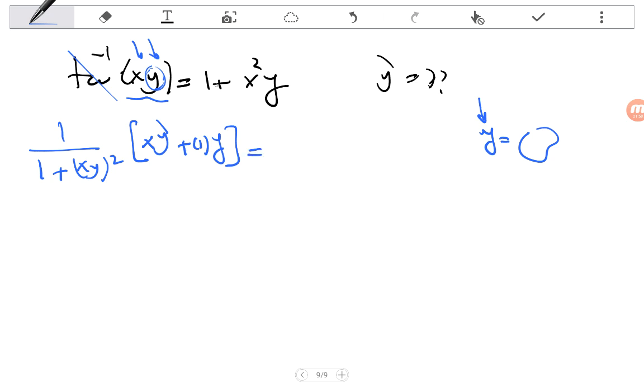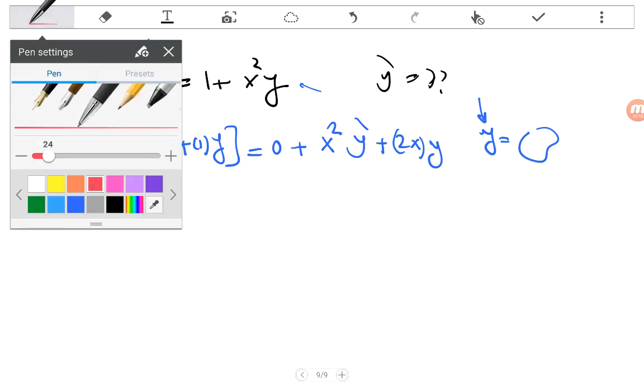This is equal to 1. This is 0 plus the derivative of the other side. Yes, I have here another product, which will be the first as it is times the derivative of the second, plus the derivative of the first times the second as it is.